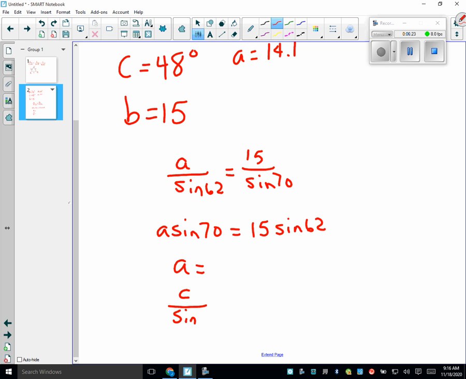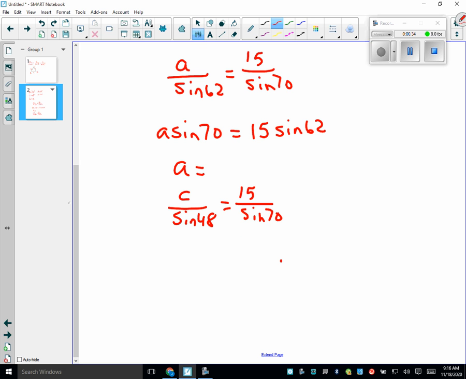All right? So c over the sine of 48 is equal to 15 over the sine of 70. Is that right? So c sine of 70 equals 15 sine of 48.